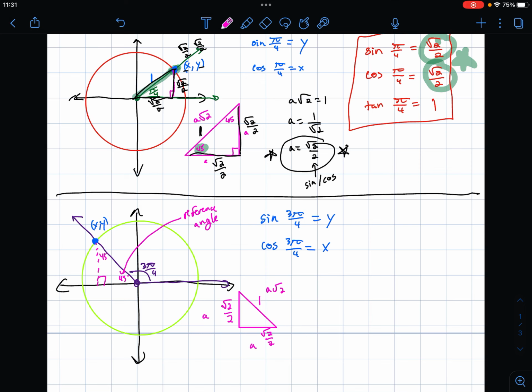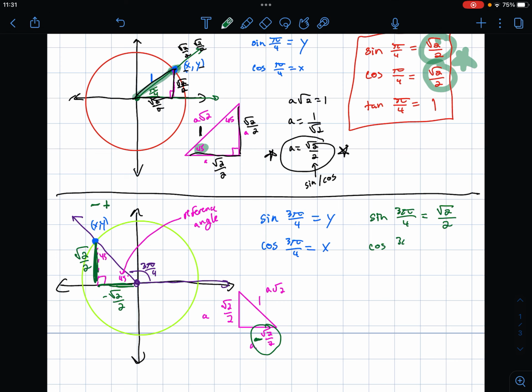And so facing to the left means that, in fact, the x coordinate is going to be negative. So my x side length is going to be negative root 2 over 2. My y side length and my y coordinate will be positive root 2 over 2, corresponding to the quadrant 2 where I have negative x, positive y. And so sine of 3 pi over 4 is going to be still positive root 2 over 2, same as the reference angle.